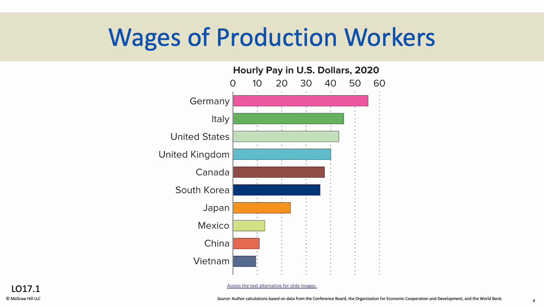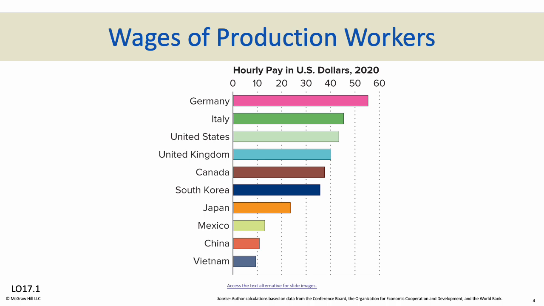So if we look at the following slide here, this is as of 2020. What the average hourly pay is in various countries around the world. Germany about $55, Italy about $45, the United States about $42, then the UK, Canada, South Korea. Going down the list, this is just differences in hourly wages.